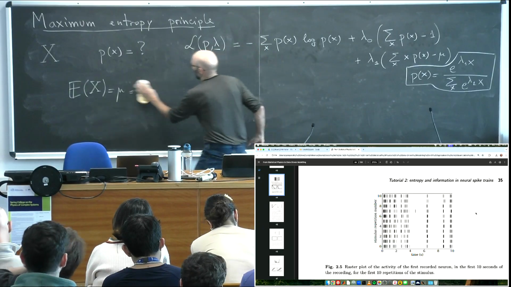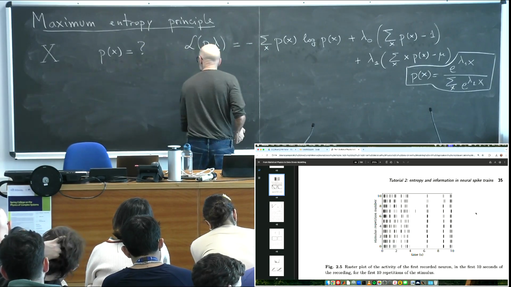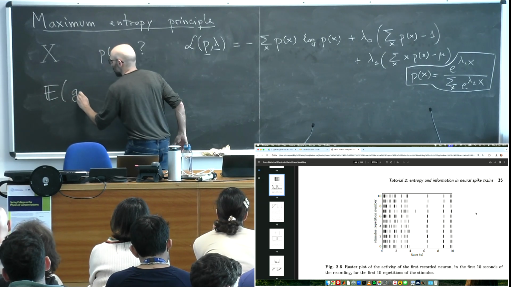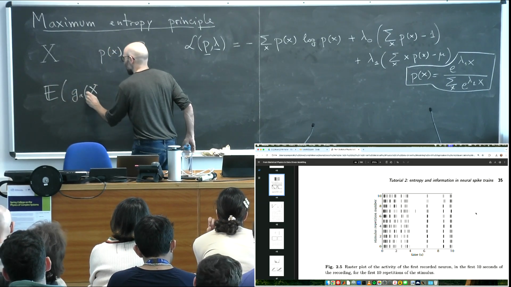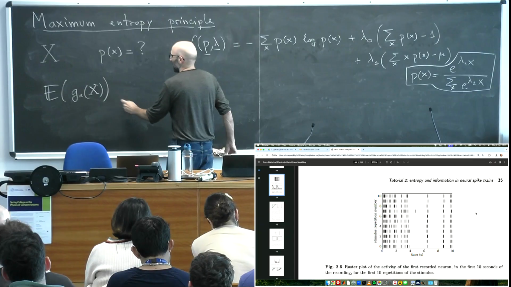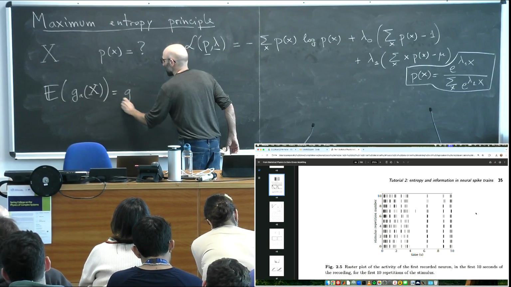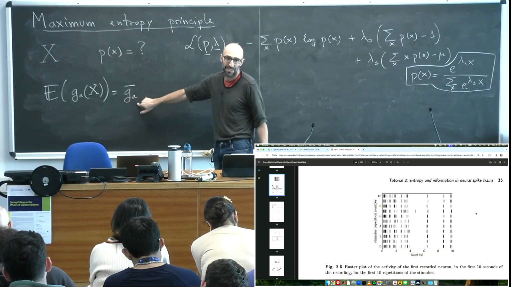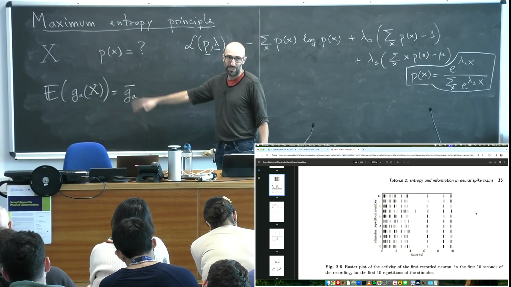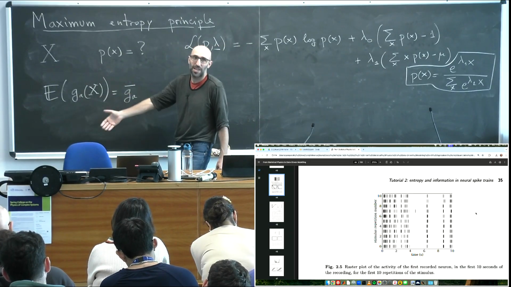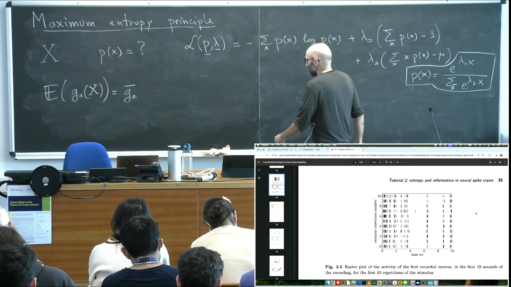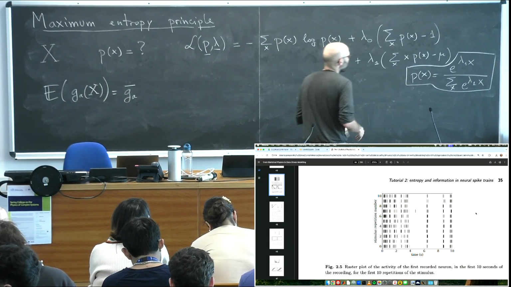If you have many constraints, you can say, okay, I have functions of x, g_a of x, and I want to fix the averages of these functions to some numbers that I call g bar a. And I have many of these. This can be x, x squared, x cubed, something else. How do I generalize this?